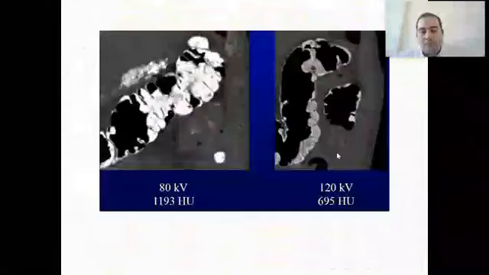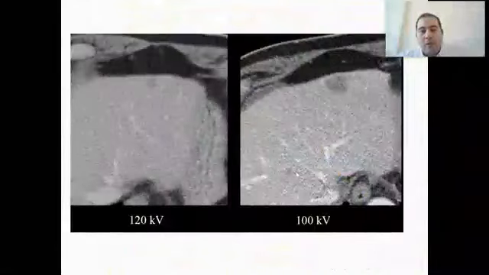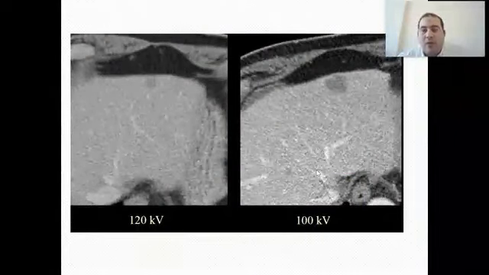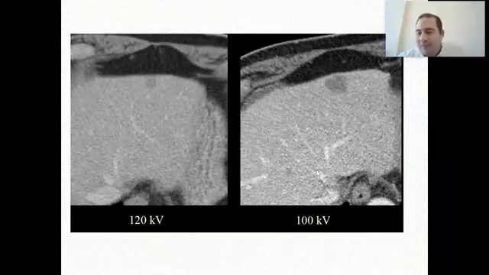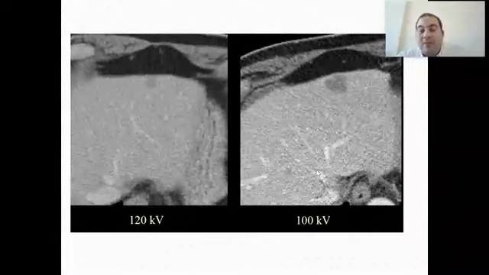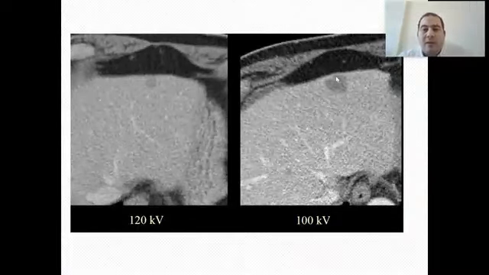There is also something that improves contrast resolution. What does that mean? It means that there are two objects or two organs with not much difference between their densities, like a focal lesion in the liver. The difference in Hounsfield unit is not significant.